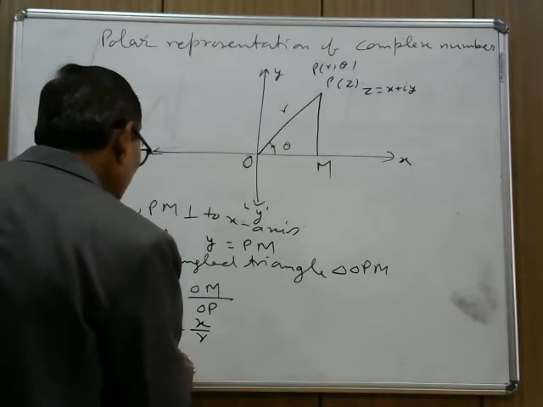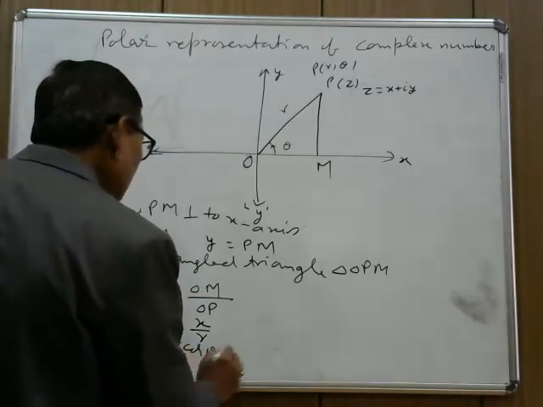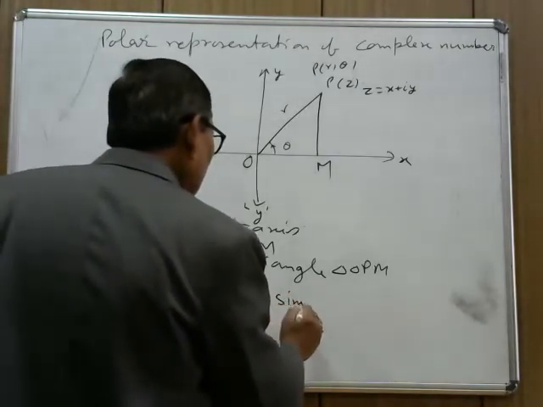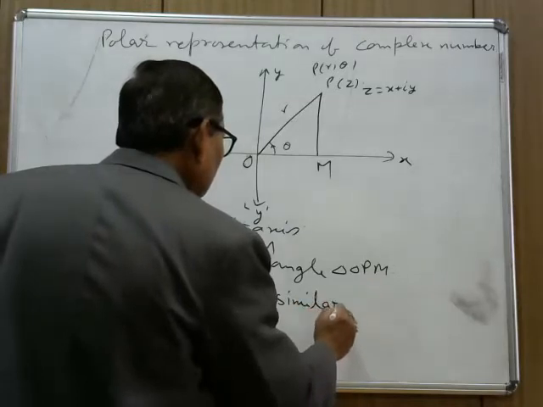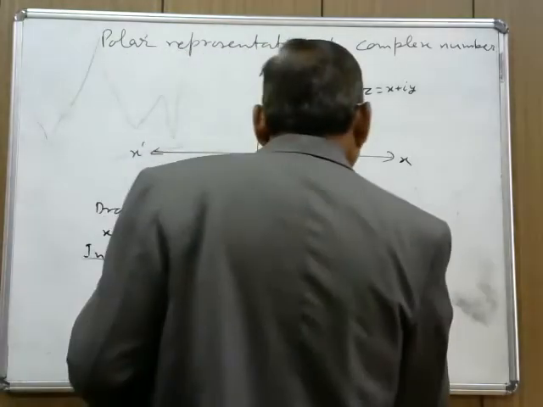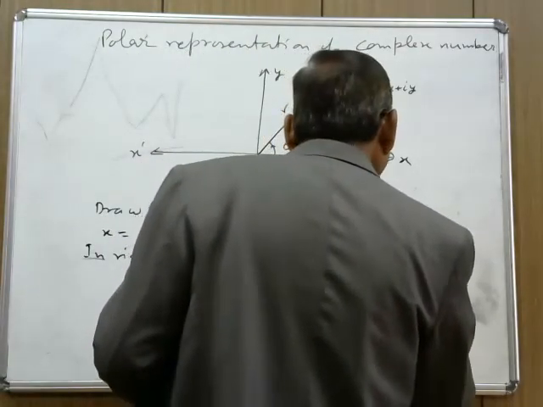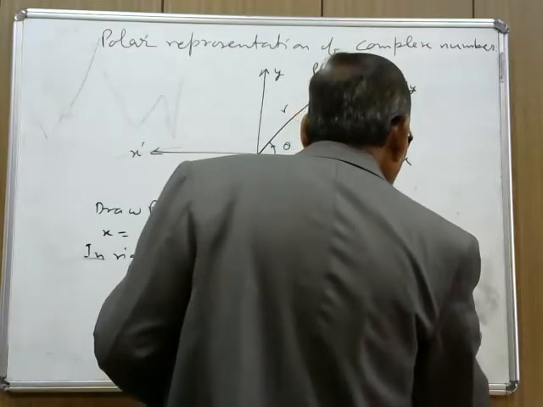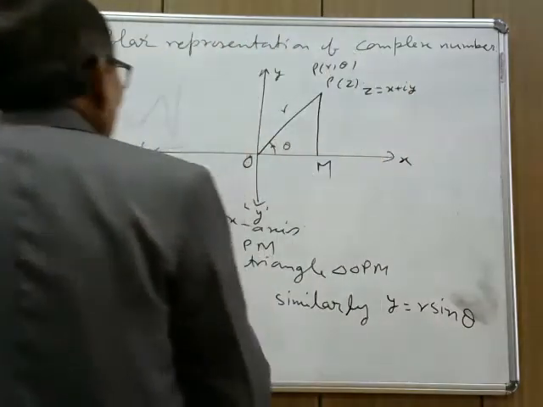So x can be written as r cos theta. Similarly, by taking sin theta, y equals r sin theta.